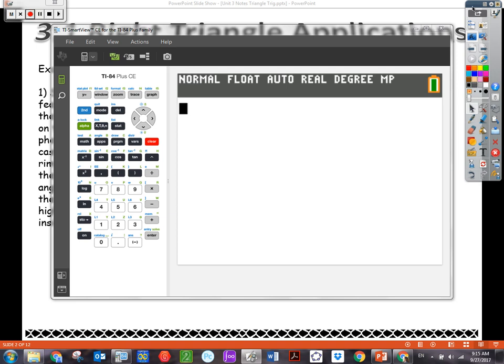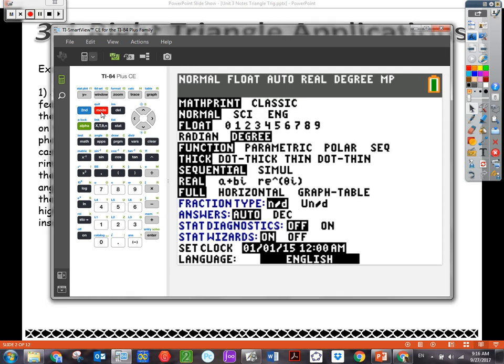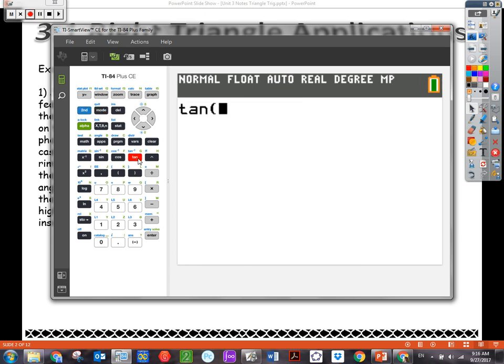We want tangent. First of all, we need to be sure we're in degrees. When we reset our calculator, it defaults to radians because, of course, that's the coolest one. But we need to be sure that we're in degrees, so make sure that's changed in your calculator. Then we're going to do tangent. The way I like to input the degrees, minutes, seconds is like I showed you. There are other ways to do it.